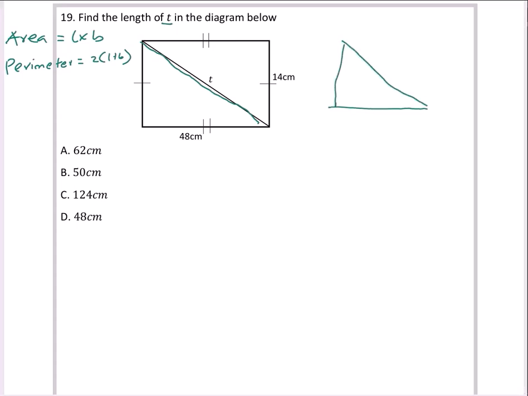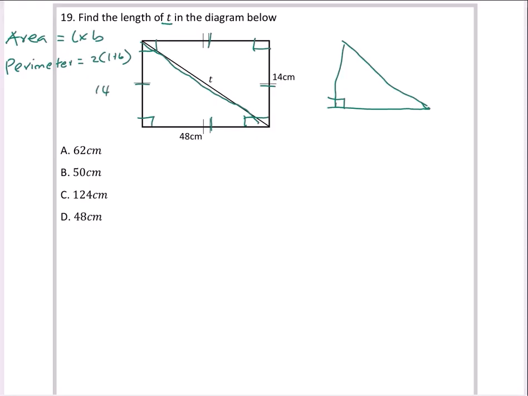So let's draw this out. Can draw this out to have, don't mind my drawing, to have a right angle triangle. Reason being because angles formed in a rectangle are 90 degrees, that is, or square. And you know that this part is equal to this part, and here is equal to here, because you have 2 strokes here and you have one stroke here. But even if they don't give you that information, you know that the opposite sides in a rectangle are equal.